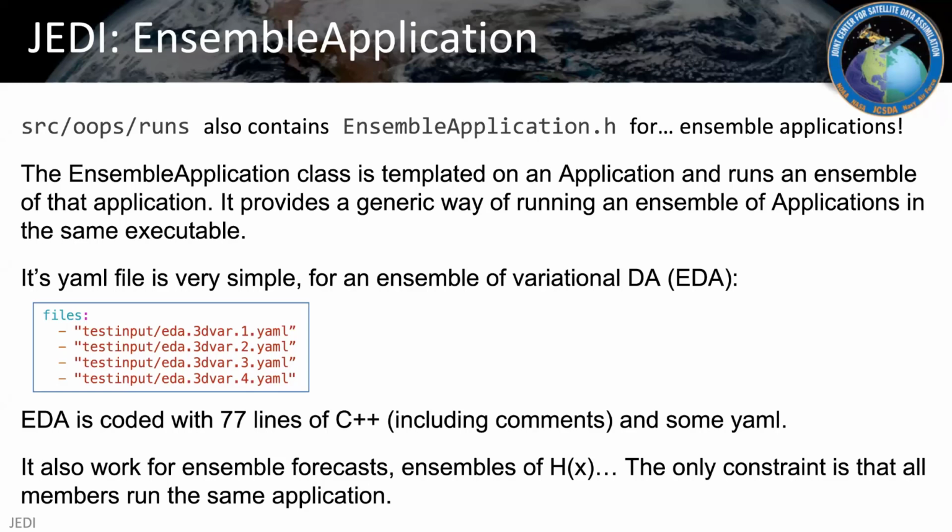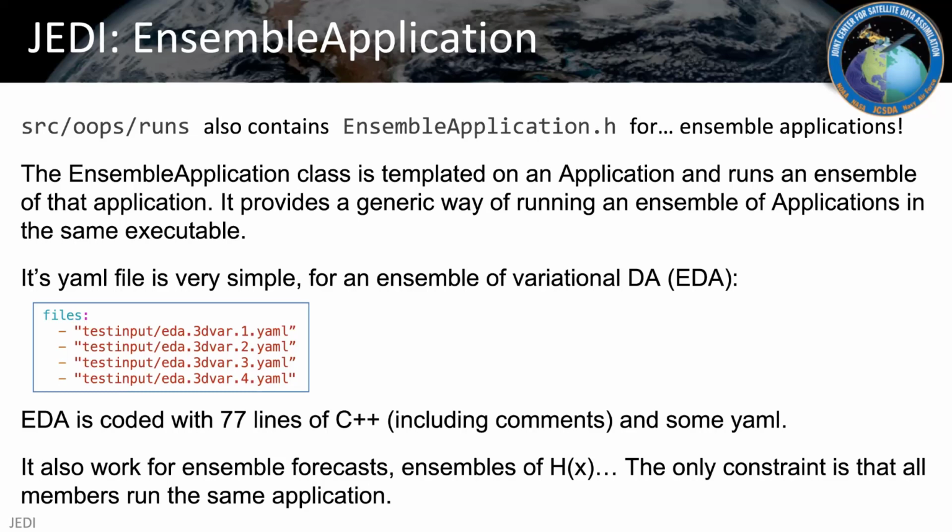You can pass as a template argument the variational of the forecast or the h of x or any of the other applications you want, and it will run an ensemble of these applications. So it's very simple. I think it's about 77 lines of C++. Hopefully that hasn't changed since then, but it's a fairly short way of being able to run an ensemble of applications in one executable.